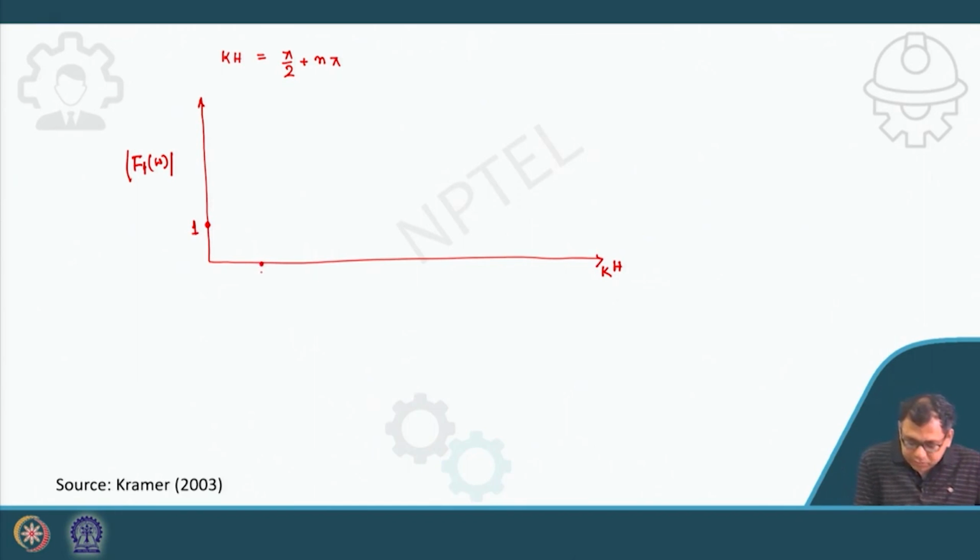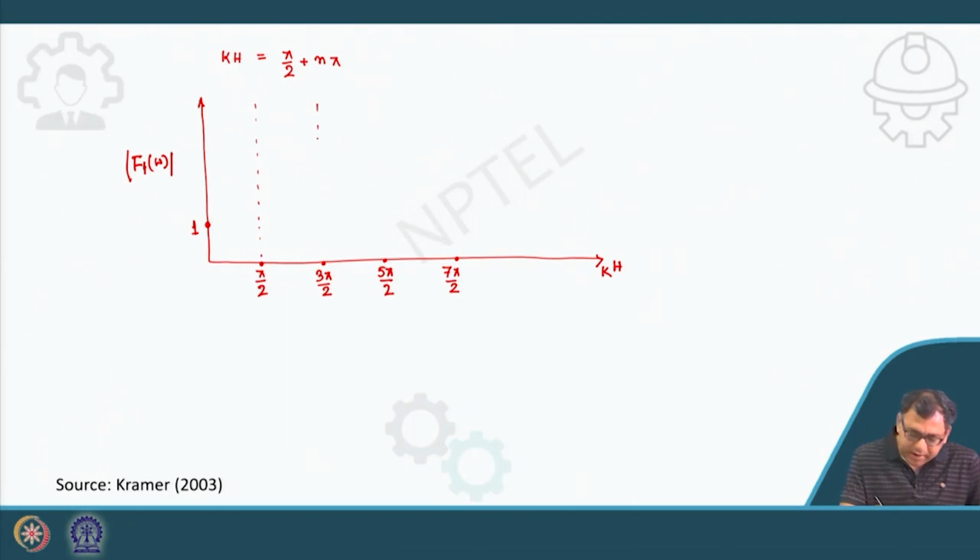Then at pi by 2, then if n equal to 1, this will be 3 pi by 2. If n equal to 2, it will be 5 pi by 2. If n equal to 3, it will be 7 pi by 2, and so on. Then for n equal to 4, it will be 9 pi by 2. So, it will be maximum at these points.